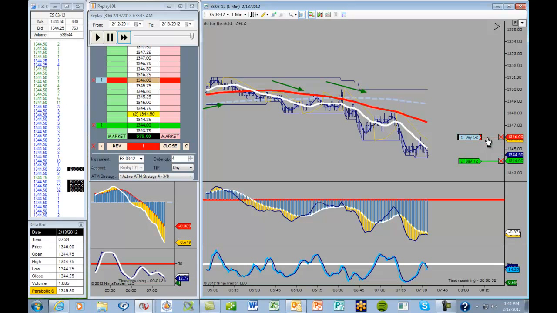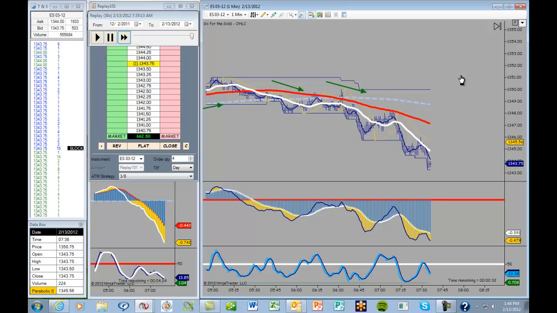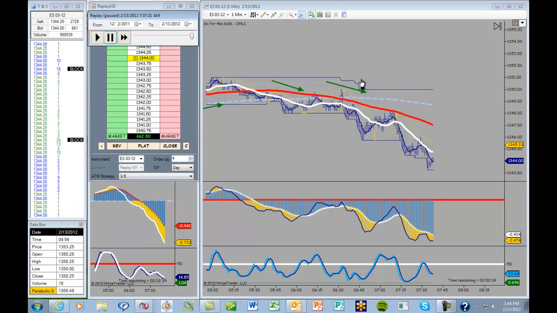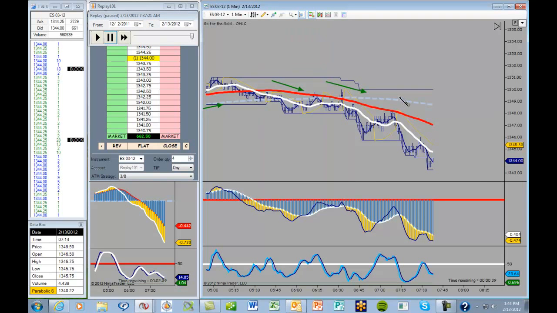You can see how the parabolic creeps out from under. Oop, we hit the target. Okay, another good trade. Let's pause right there. We've netted 662.50 so far with our 4 contracts. Not too shabby. Let's mark our next trade here and start up again.